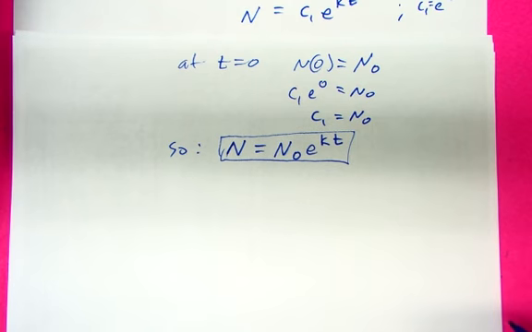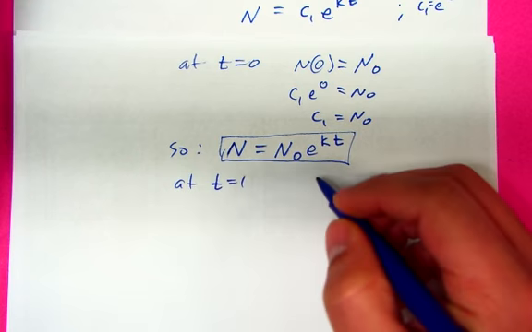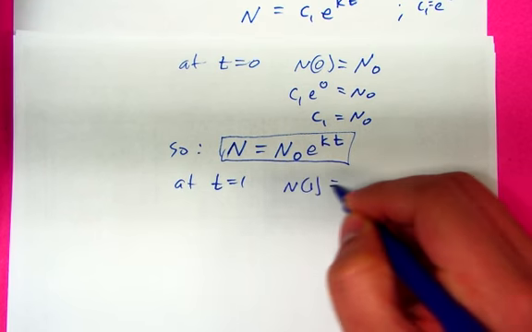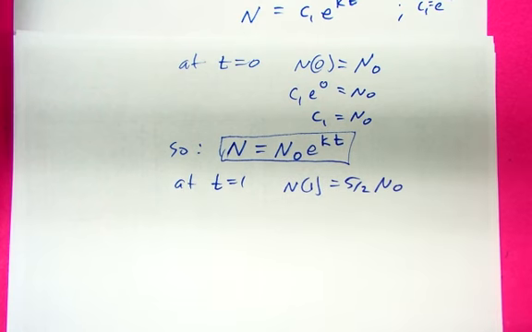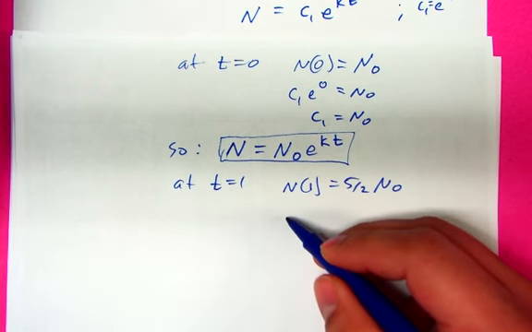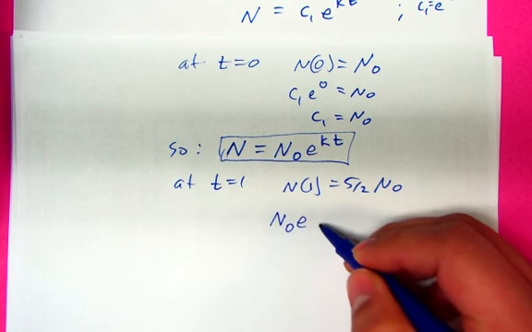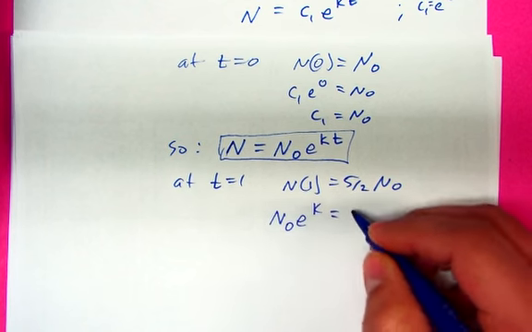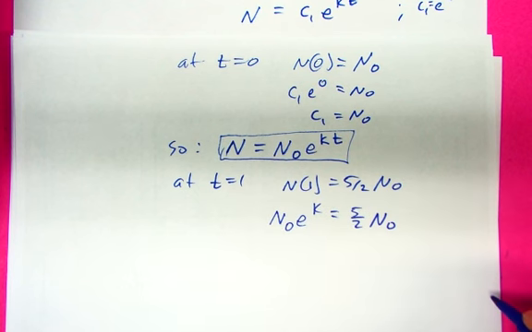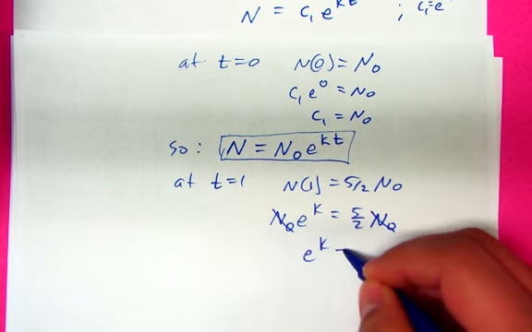So now we also know that at t equals 1, we have N of 1 equals 5 over 2 times N naught. So if I plug in 1, we get N naught e to the k equals 5 over 2 times N naught. Cancel out. So e to the k is 5 over 2.